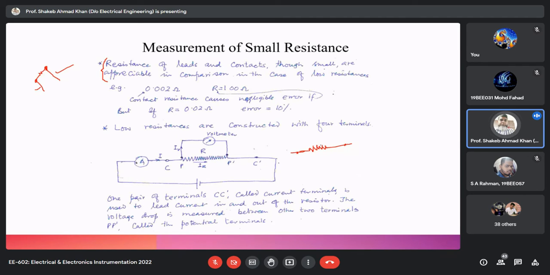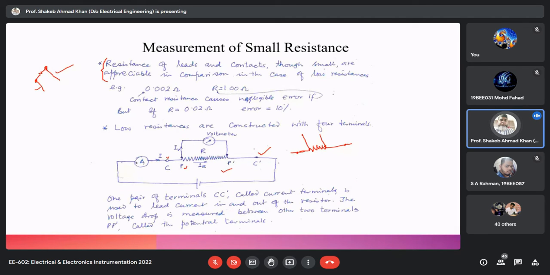These potential terminals are very close to the resistance. In this circuit, these are the two current terminals, C and C dash, and P and P dash are the potential terminals.